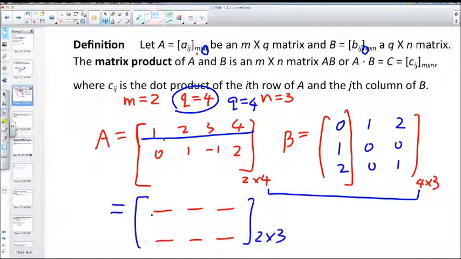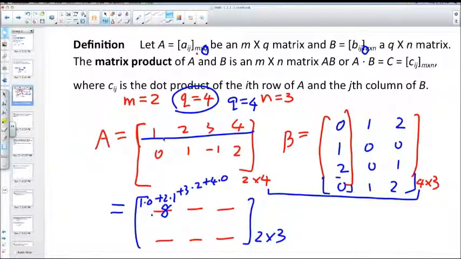It won't work, I need another row. 4 rows. Otherwise, if I miss one, I cannot do it. Now, the first element is 1 times 0 plus 2 times 1 plus 3 times 2 plus 4 times 0. And the number is going to be 2 plus 6, which is 8.